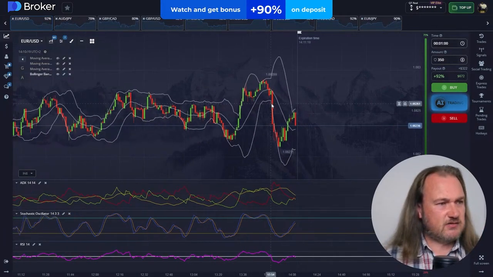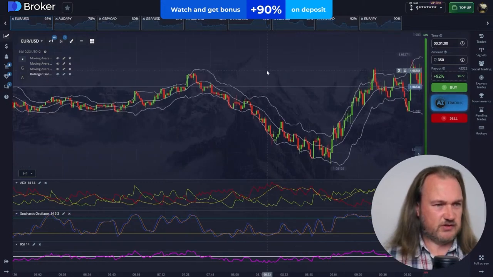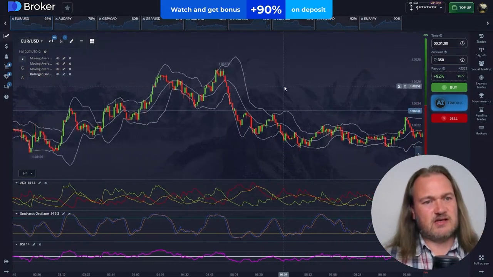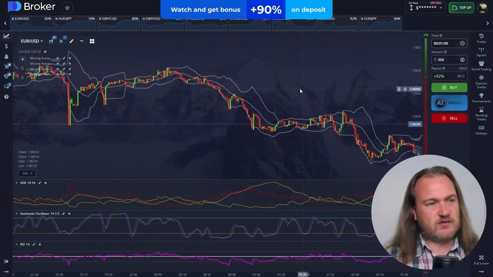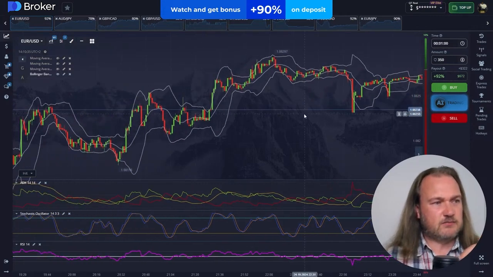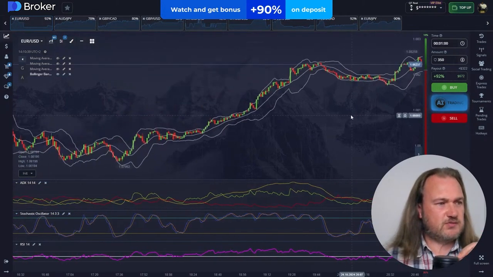Let's see if we can find a decent squeeze on the 1 minute. We shouldn't look too long for one. It doesn't matter what your time frame is, you're going to get entries. Just always remember, the higher your time frame goes, the fewer your entries will become.